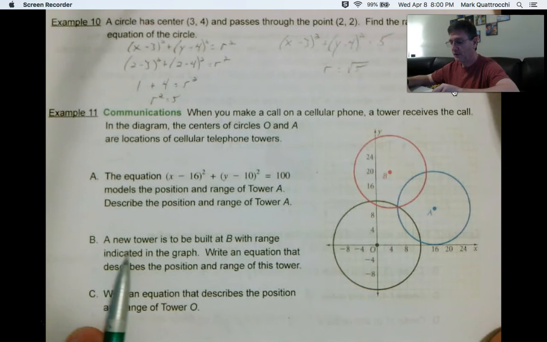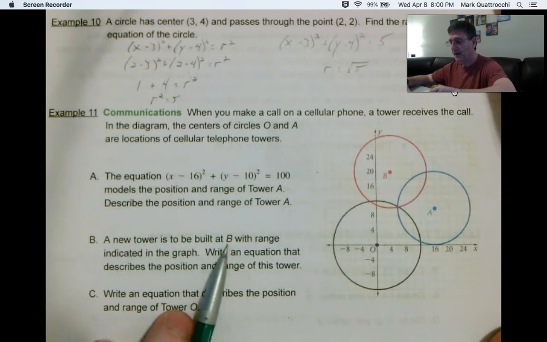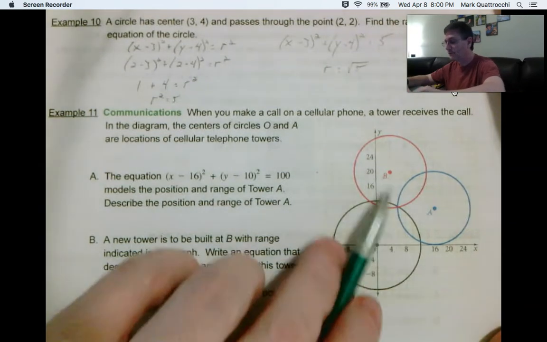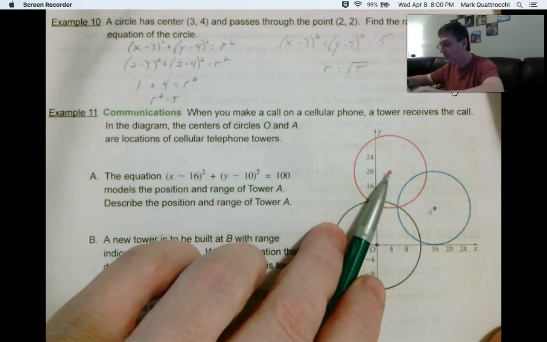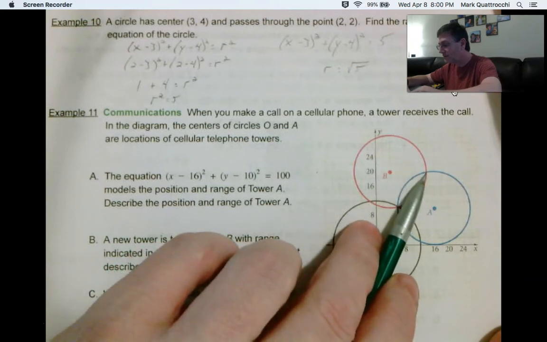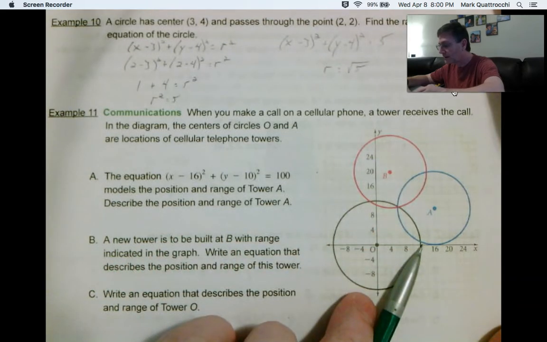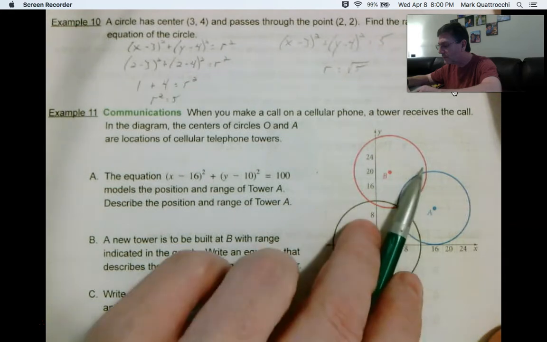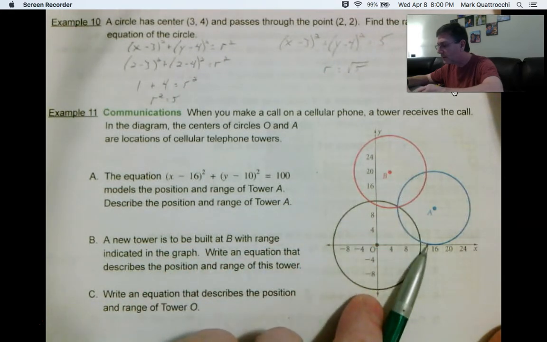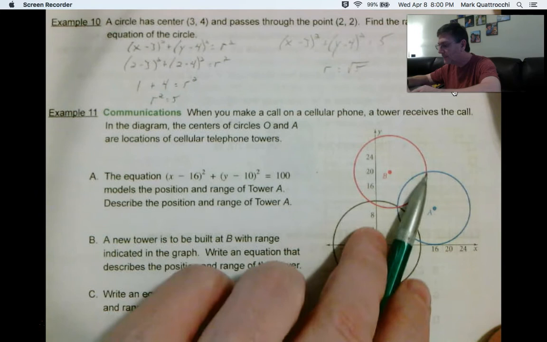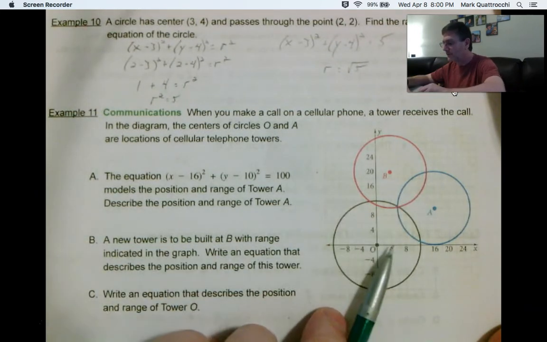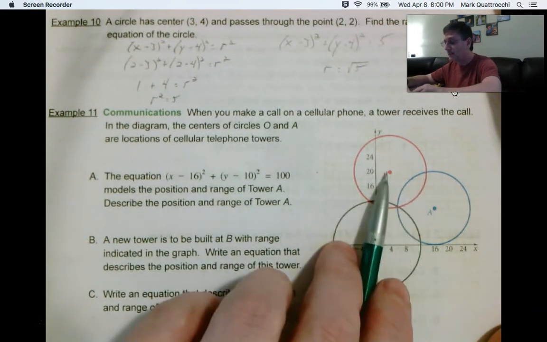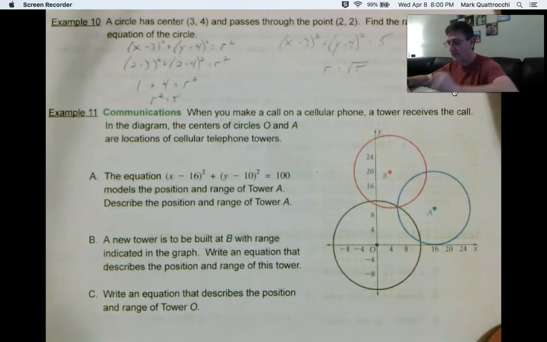Part B, a new tower is to be built at point B, here, with a range indicated on the graph. So the range is going to go from 4 out to 14, these are by 2s, so 4, 6, 8, 10, 12, 14. So it's going to have a range of 10 as well, radius of 10 as well.